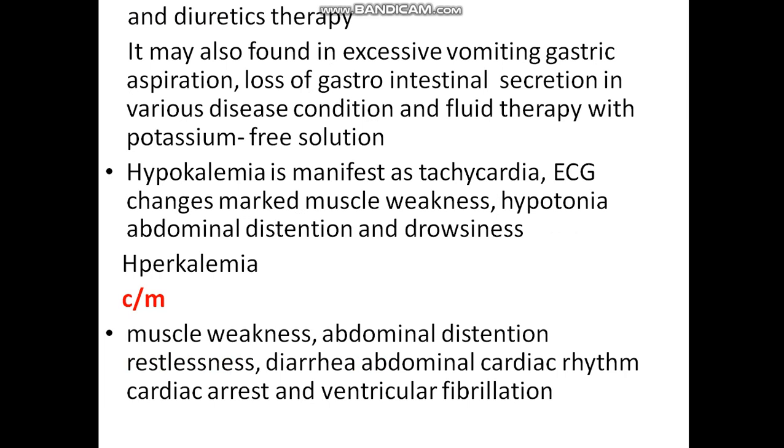It may also be found in excessive vomiting, gastric aspiration, loss of gastrointestinal secretion in various disease conditions, and fluid therapy with a potassium-free solution.